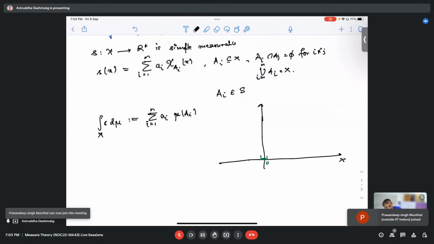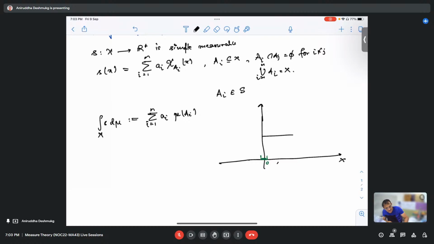And then given sets A_i, so perhaps this is A_1, and then this is A_2, and so on, somewhere maybe A_3. And we never say that these simple functions cannot have repeated a_i, right? So perhaps A_4 and A_1 have the same a_i.